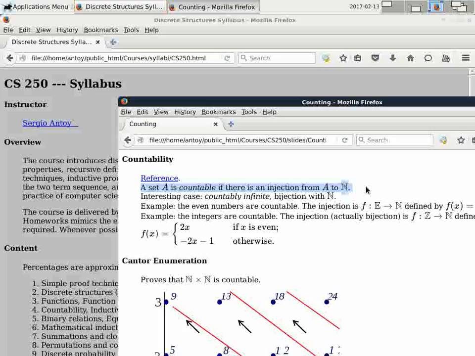Exactly what I wrote on my piece of paper. If there is a bijection on top of an injection, we say that the set is countably infinite. All right? Countably infinite.